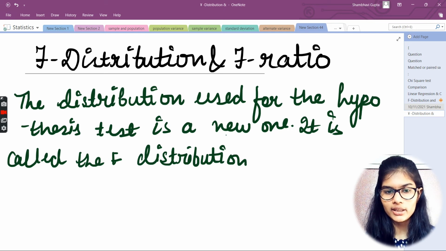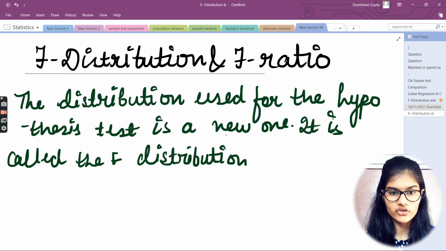So the F distribution is the distribution which is used for the hypothesis test. That is a new one. Okay, great. Now we have the F statistic. The F statistic is a ratio.